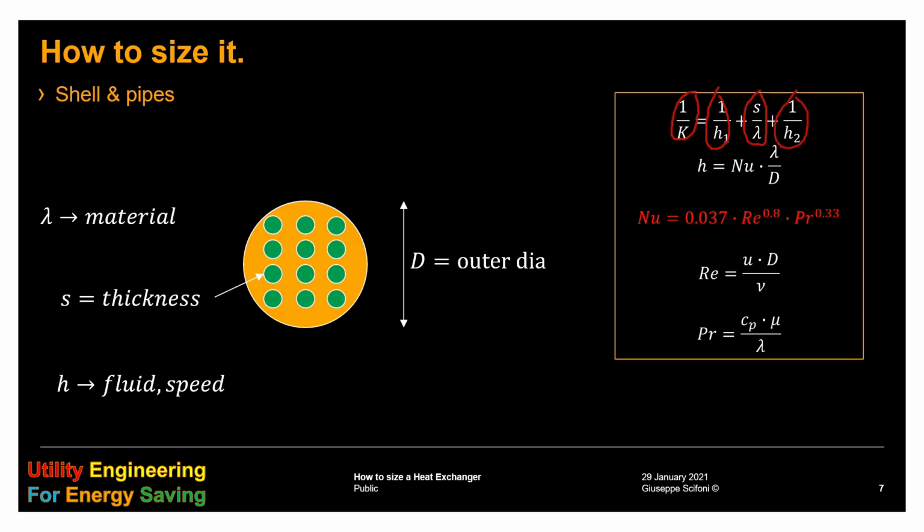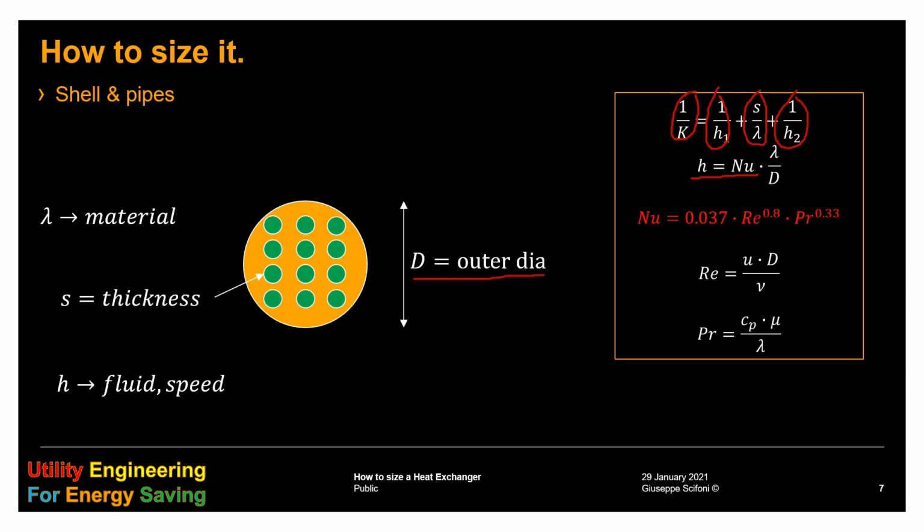The thermal resistance across a fluid is the inverse of the convection factor. The convection factor is expressed by this relation, where Nusselt is a dimensionless number, lambda is a conductivity, and d is the outer diameter of the heat exchanger, which we need to guess.